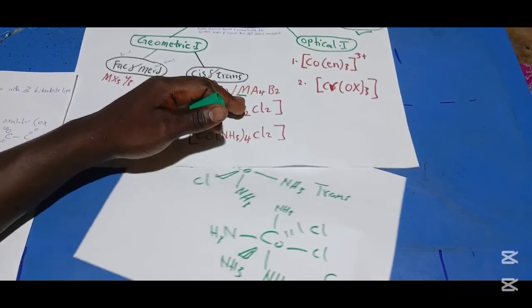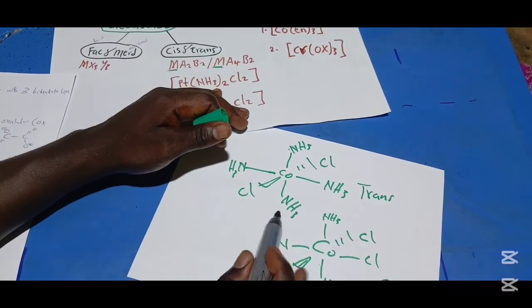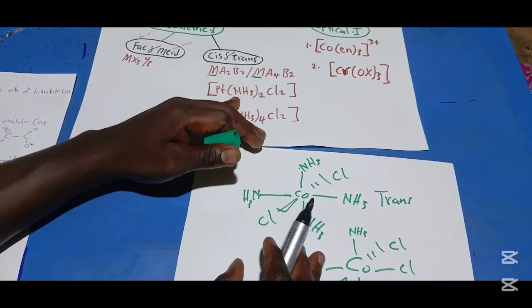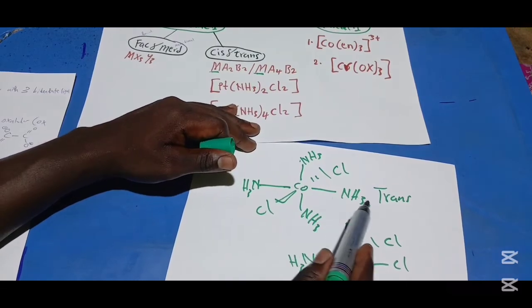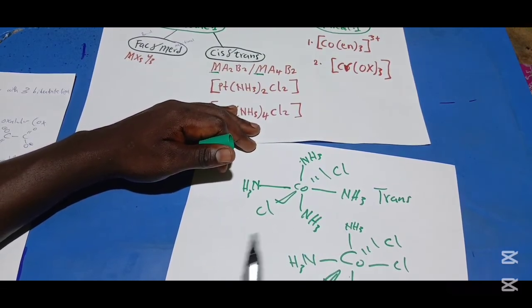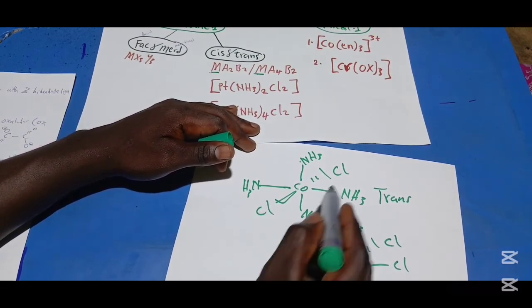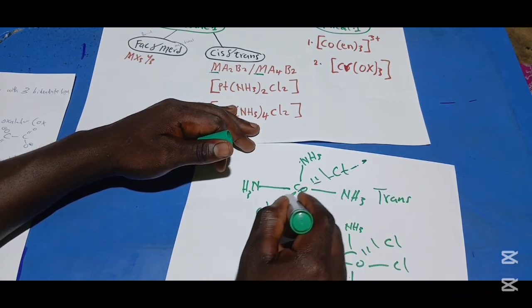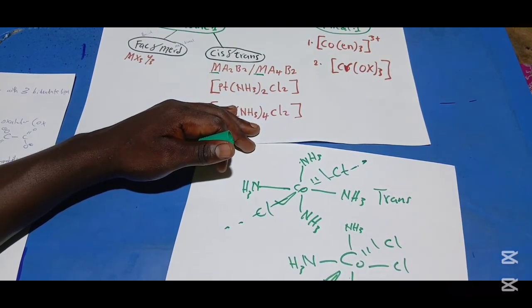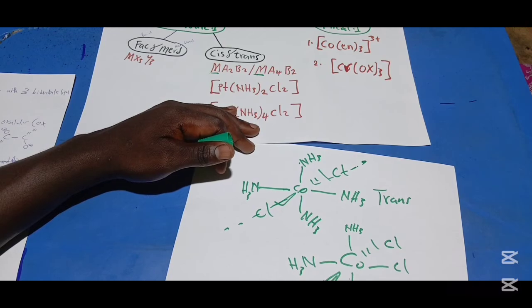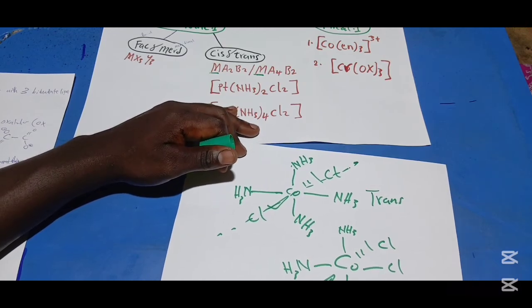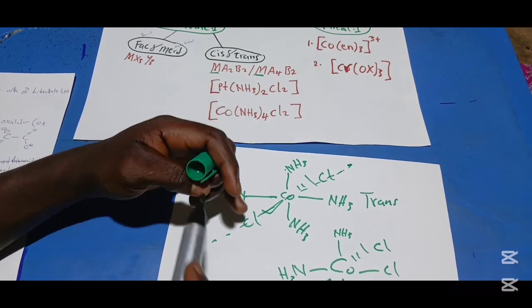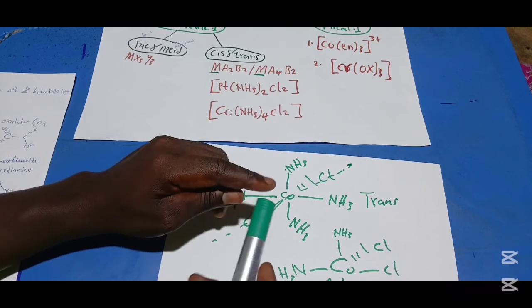If we look at the cis and trans isomers, looking at this trans isomer, you can see a line of symmetry here. You can see we can divide this complex into 2. For optical isomers, if you arrange them, you are not going to see anything like that generally. So they are non-superimposable mirror images.